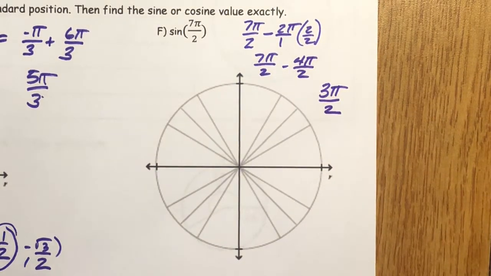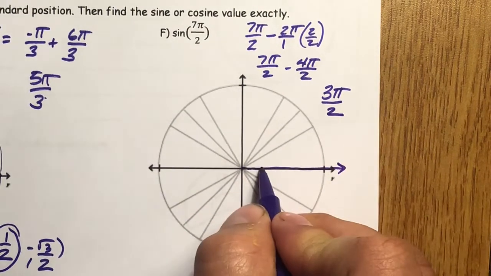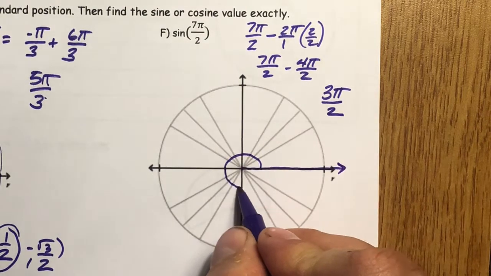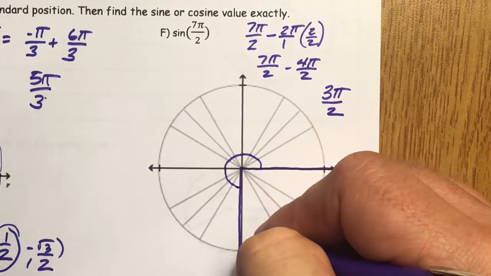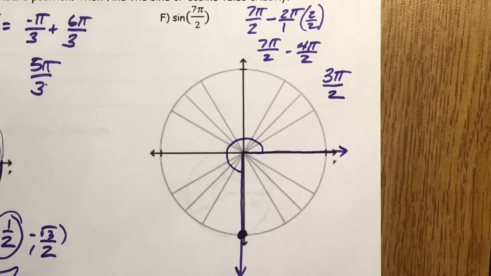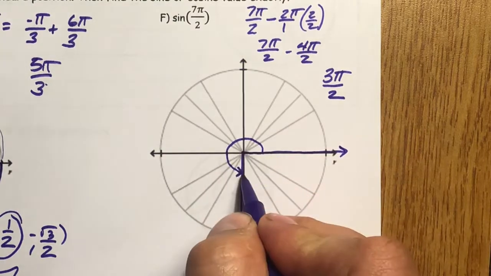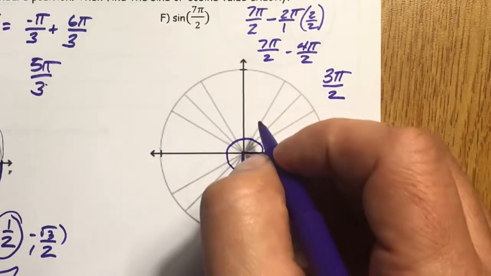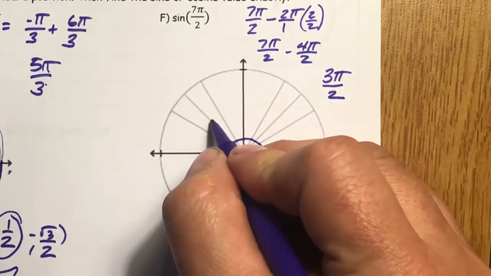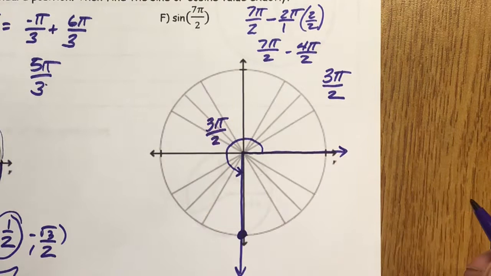So 3 pi over 2, 3 divided by 2 is 1.5 pi. So if I'm starting in my standard position, if I go 1 pi and then 1/2 a pi, it's going to bring me right here. If I rotate in this direction, that would be 3 pi over 2 here.